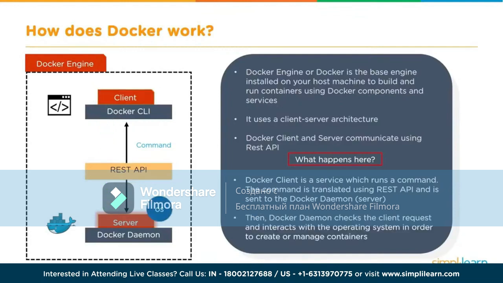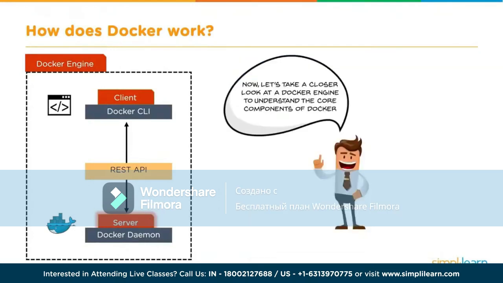The Docker daemon, which runs on the server itself, will then check out the interaction and the necessary operating system pieces needed to be able to run the container. Okay, so that's just an overview of the Docker engine, which is probably where you're going to spend most of your time. But there are some other components that form the infrastructure for Docker. Let's dig into those a little bit deeper as well.